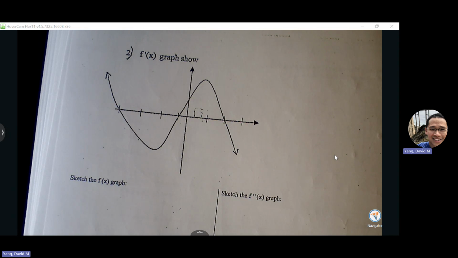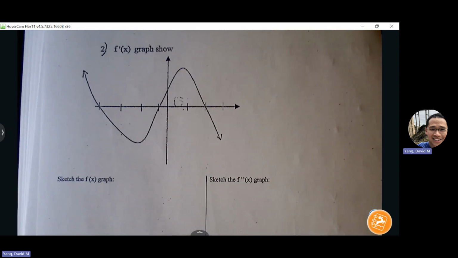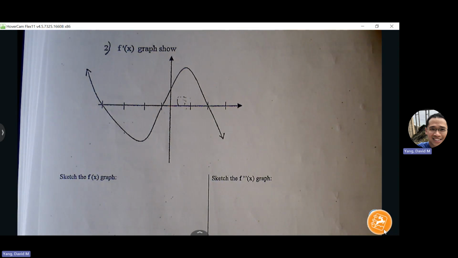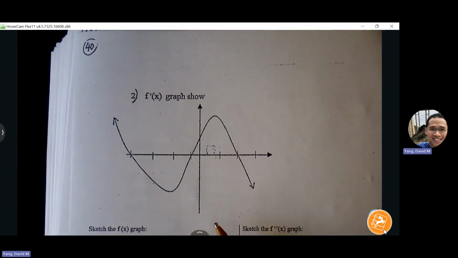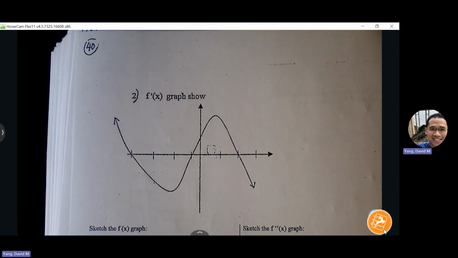Can you show me the 15 tomorrow? Won't fail. All right, guys, page 40.